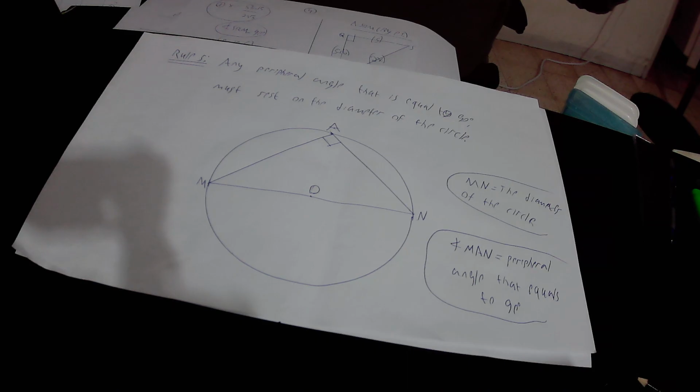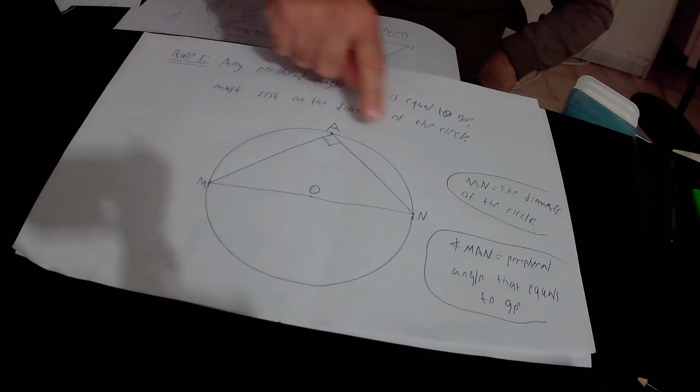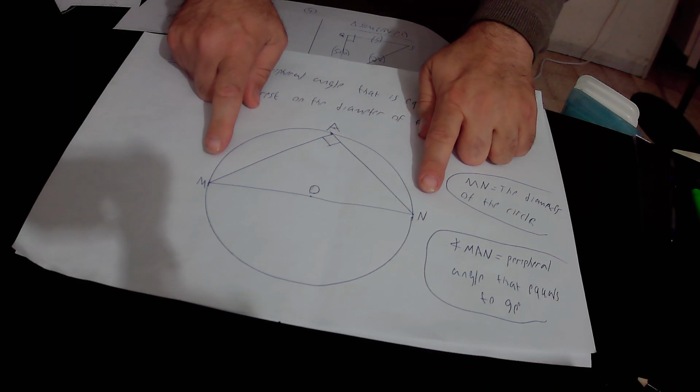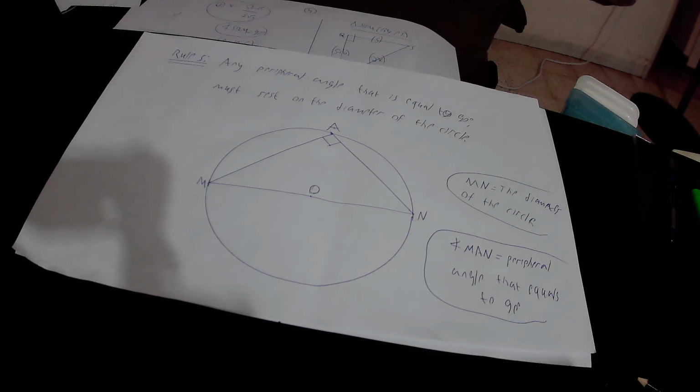So you can say in rule number 5 that because peripheral angle MAN equals 90 degrees, it rests on MN, that is the diameter of the circle. So any peripheral angle equal to 90 degrees in size must rest on the diameter of the circle.